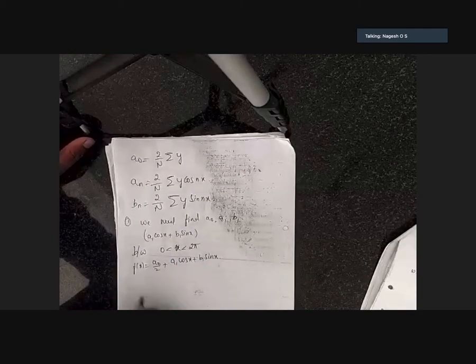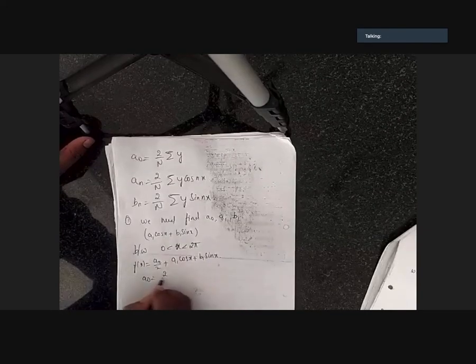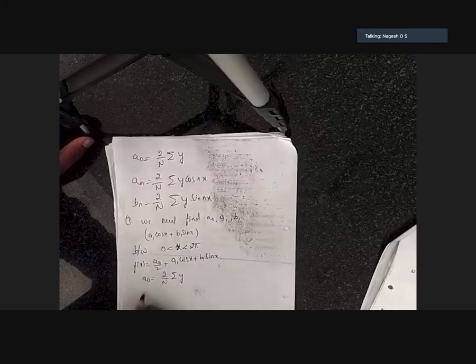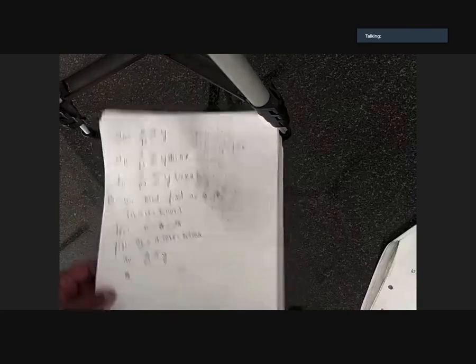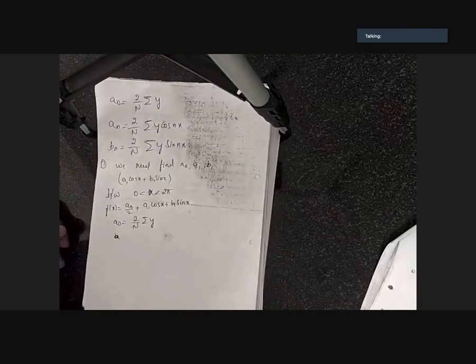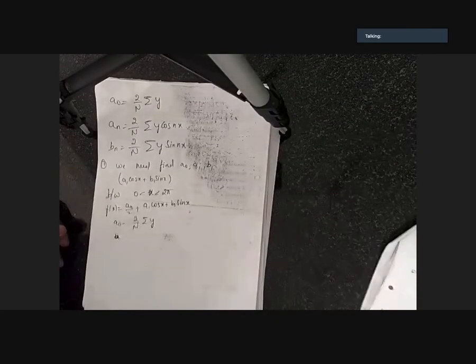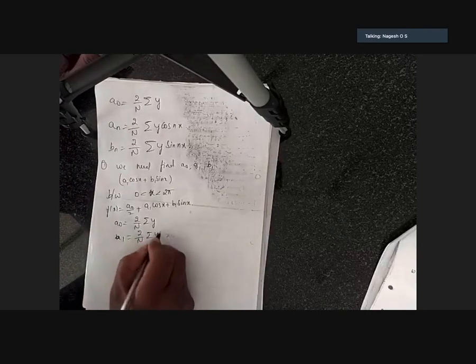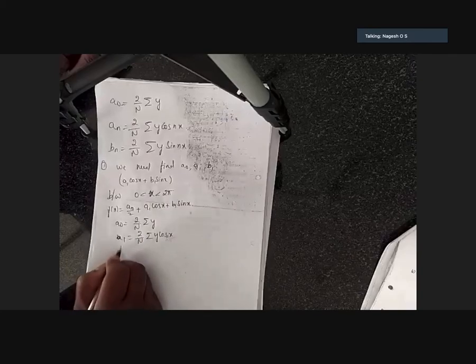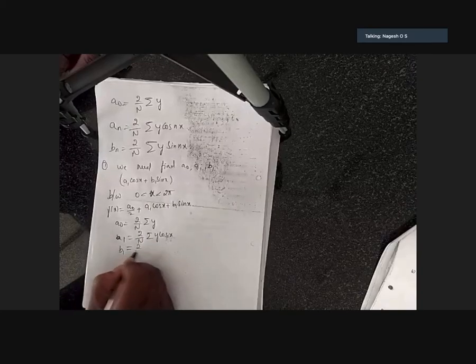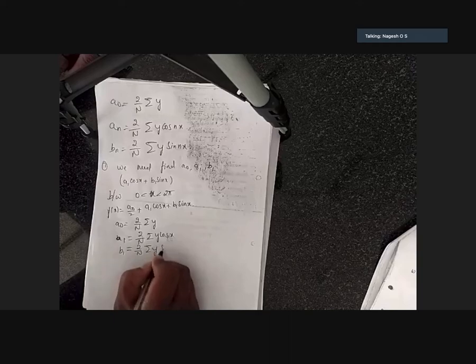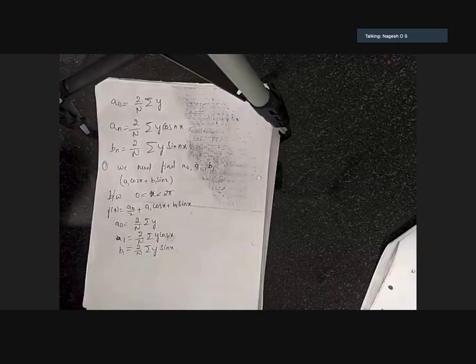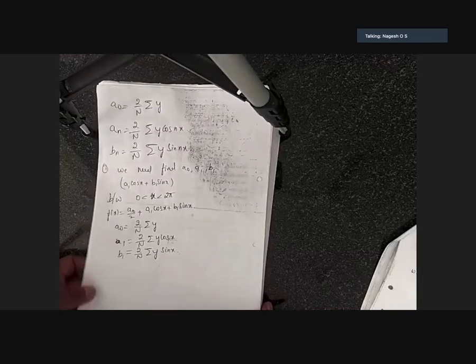What is A0 here? 2 by n summation y. A1 is 2 by n summation y cos x, B1 is 2 by n summation y sin x. Okay, this is the formula.